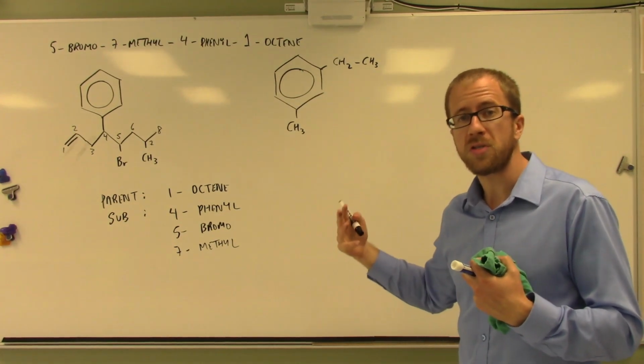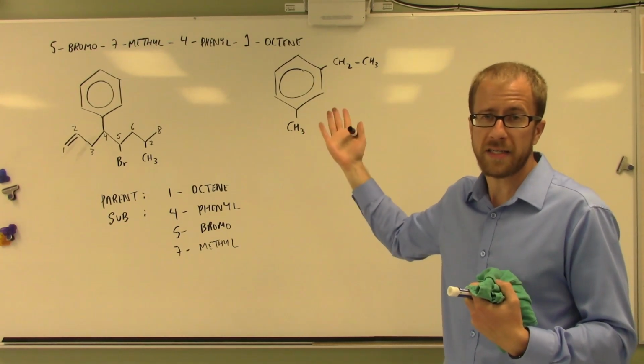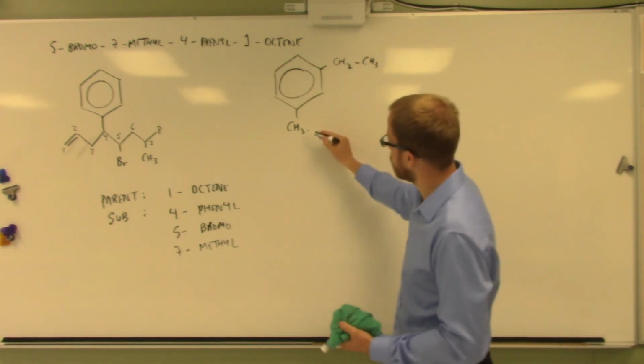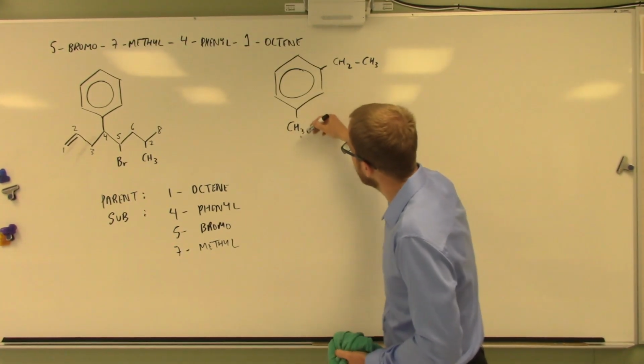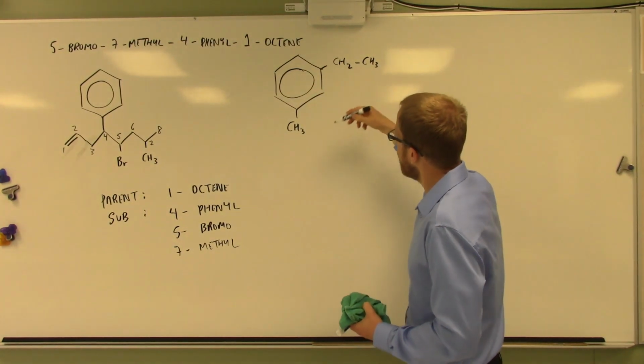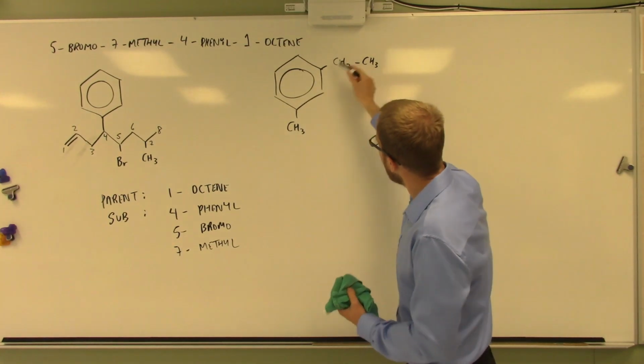I want you to use meta, ortho, para. So what is this one here? Well, it's not ortho because they're not side by side. It's not para because they're not opposite each other. This is meta.